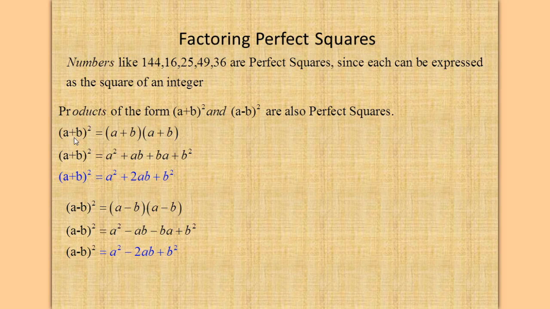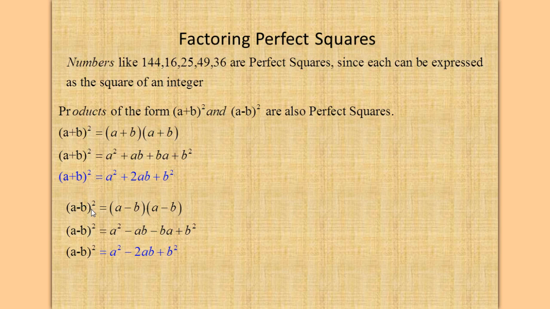And so if you have a plus b squared, that's equal to a plus b times a plus b. And if you multiply that out, you get a squared plus ab plus ba plus b squared. A plus b squared is equal to a squared plus 2ab plus b squared.